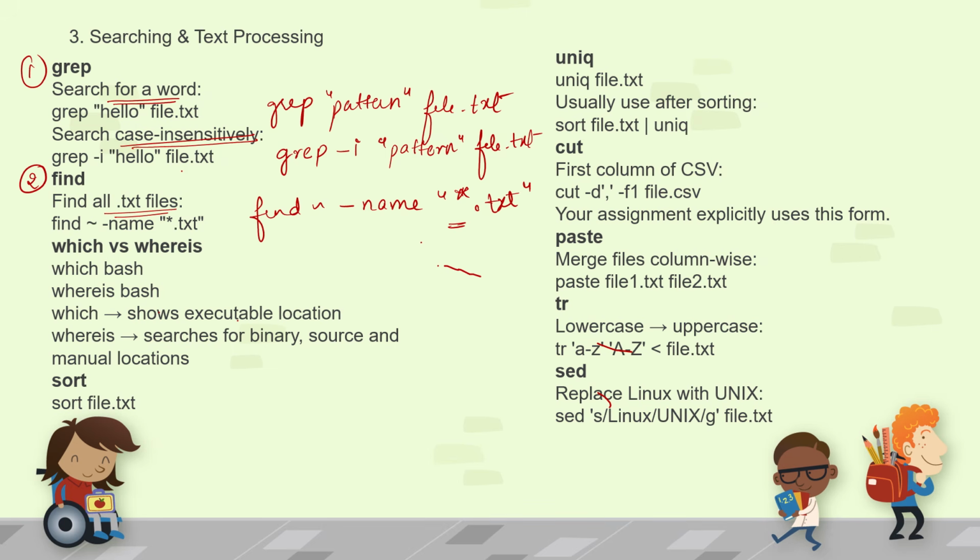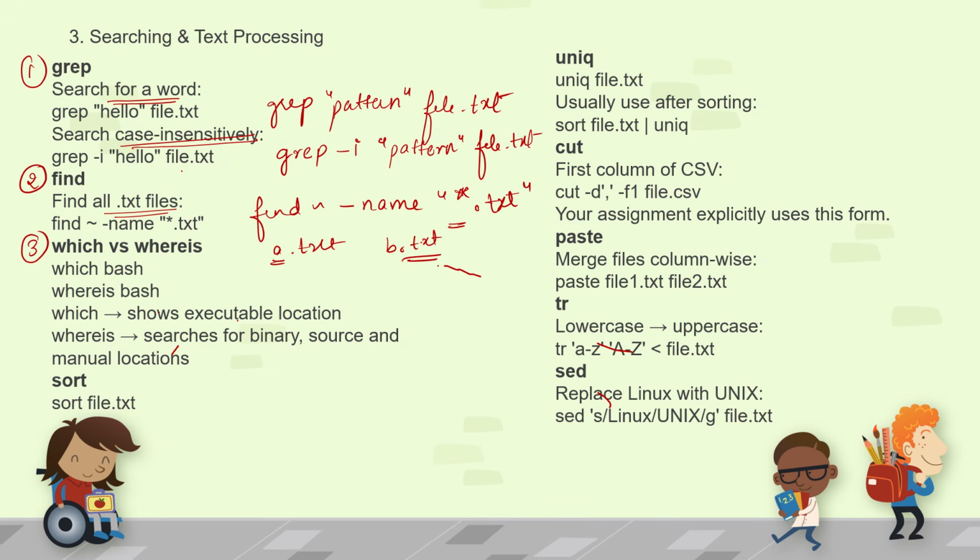So it will look over all files like a.txt, b.txt. It will find any file whose name ends with .txt. Basically, .txt files are being searched for here.